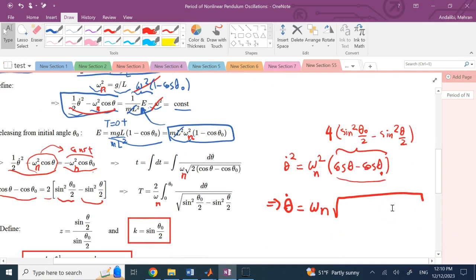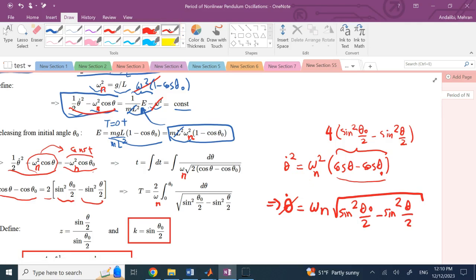Let me write it down. Now this theta dot is d theta over dt. Remember, this is d theta over dt. So let's go ahead and write that term as well.